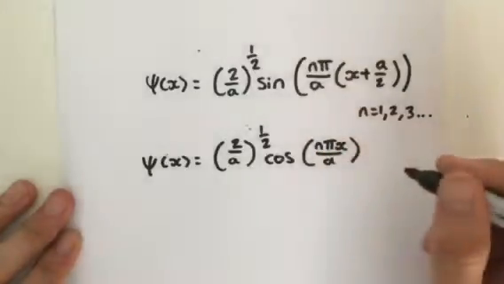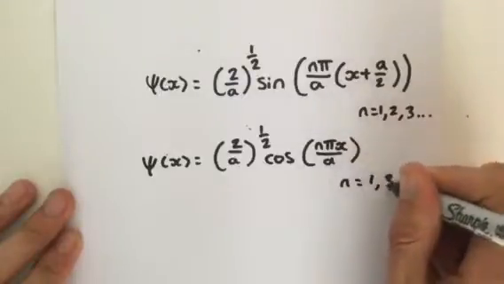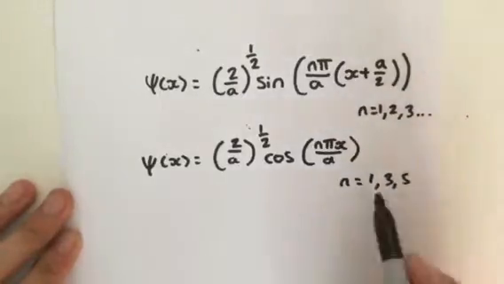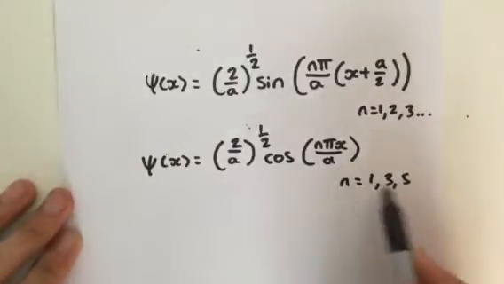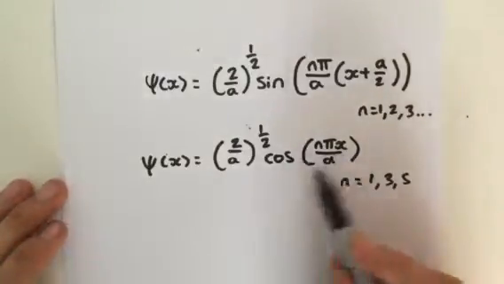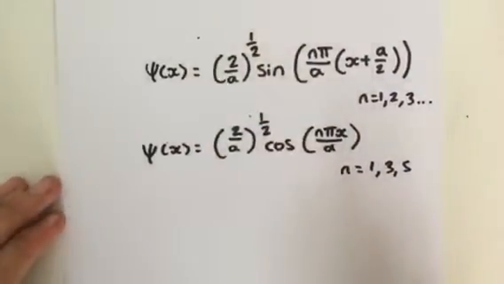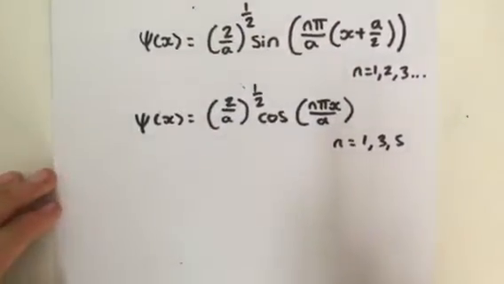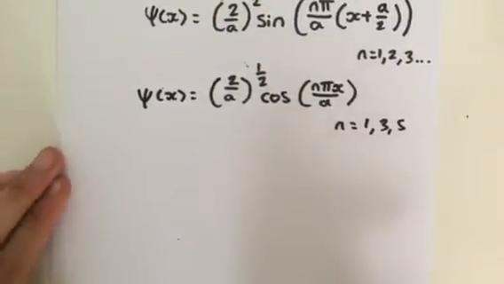The quantum states are important here. We have n equals 1, 3, and 5. This is because any other numbers not in the sequence will mean this goes to 0 and the wave function will not be appropriate for our infinite square well. I'm just being basic here, trying to make it as simple as possible.